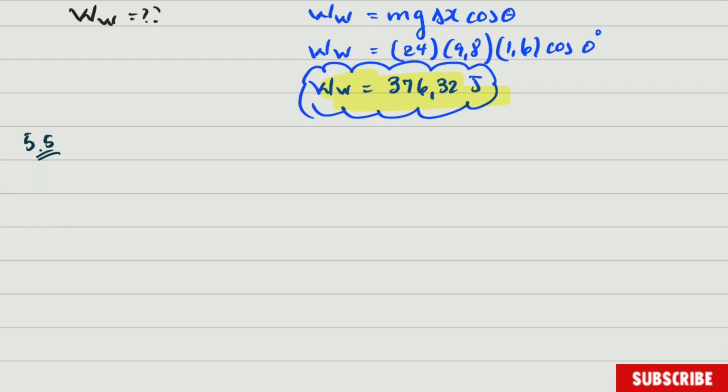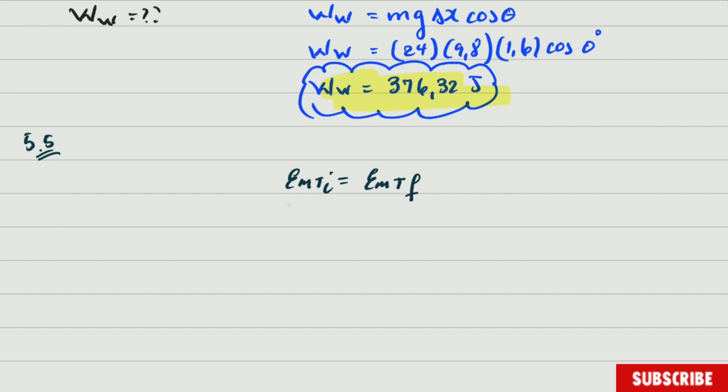They say use the law of conservation of mechanical energy. Remember, we did state that law. It says that the total mechanical energy initial is equal to the total mechanical energy final. Now the thing in this specific question is that you have two objects moving. Energy is a scalar quantity, so direction is not the problem here, but the system is of two objects moving.